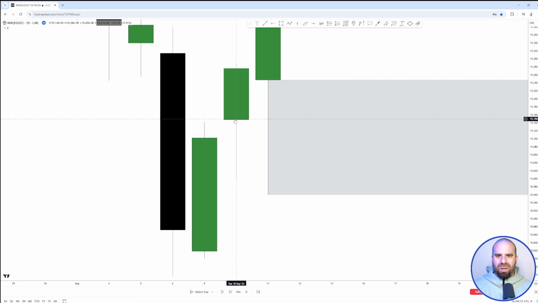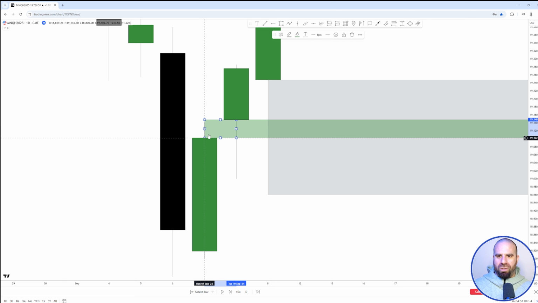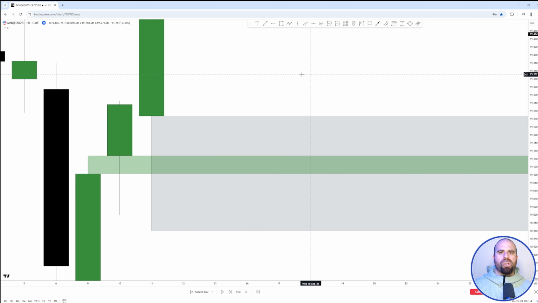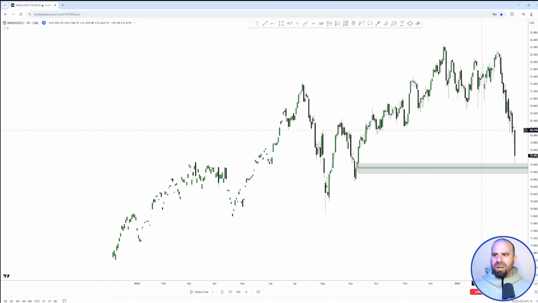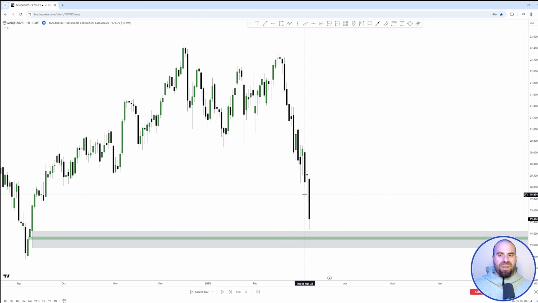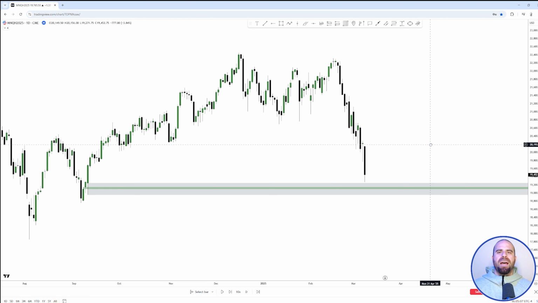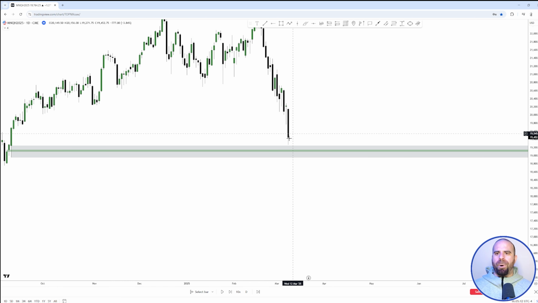The gap between the bottom of the body of this candlestick right here and the top of the body of this candlestick right here, this is my volume imbalance. So I had said, and you can go and check out the live, even the previous public lives, I had talked about it live that I was expecting price to react from this area right there.